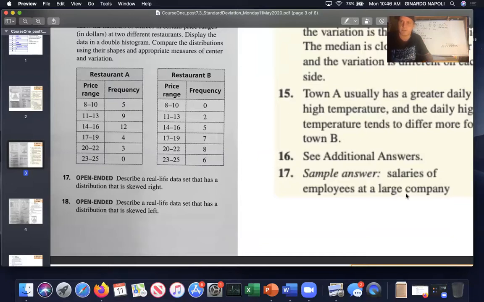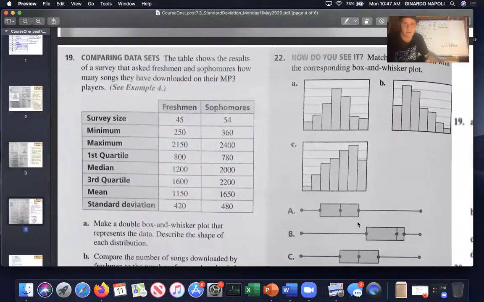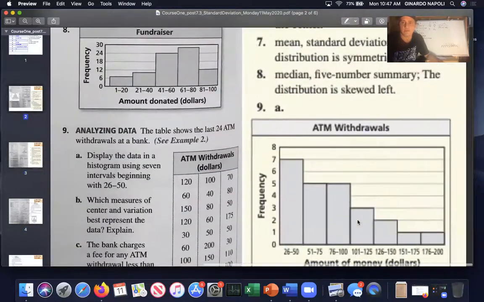So they have a few people who make a lot of money, the CEOs, and then a whole lot of people tend to make lesser wages. So you'll get a lot of high bars in the lower end of the wage scale, and that'll gradually drop. And then the people who make the 10 million, 20, 30, 40, 500 millions, 1 or 2 of them on the far right. So again, it'll look like this.